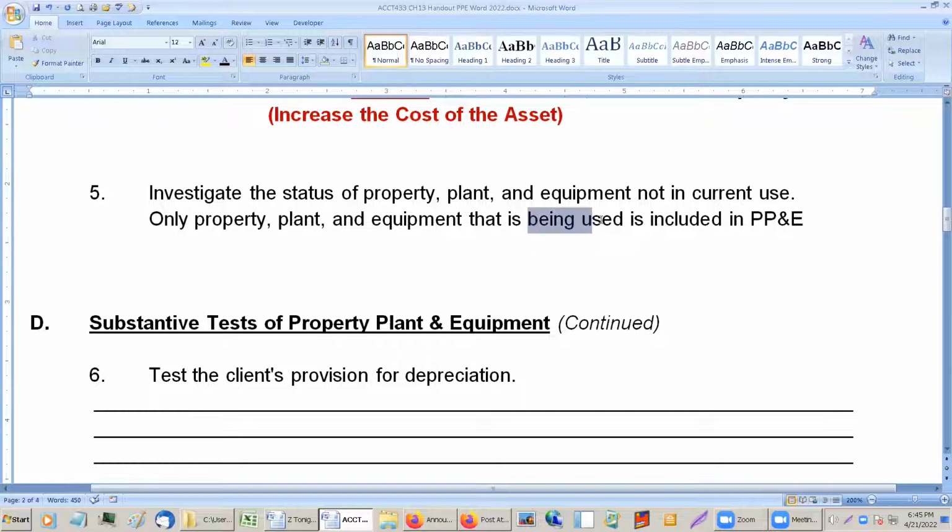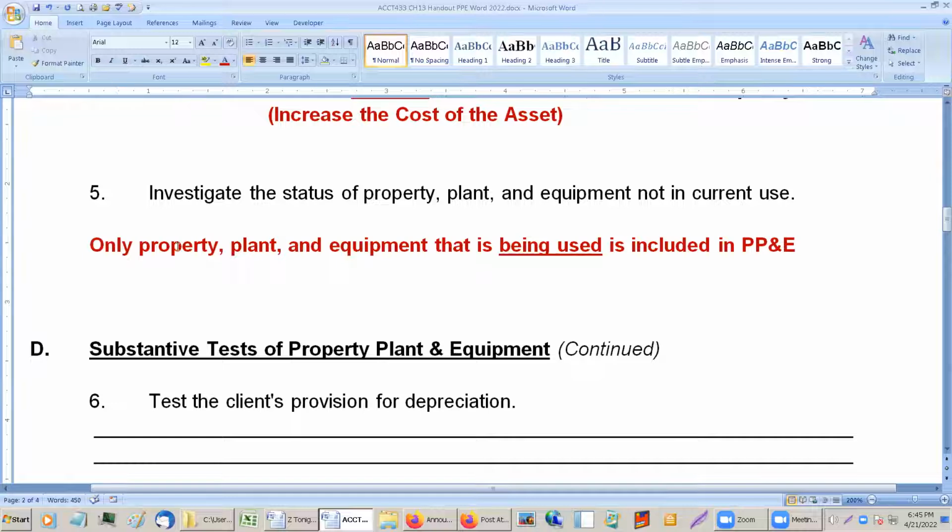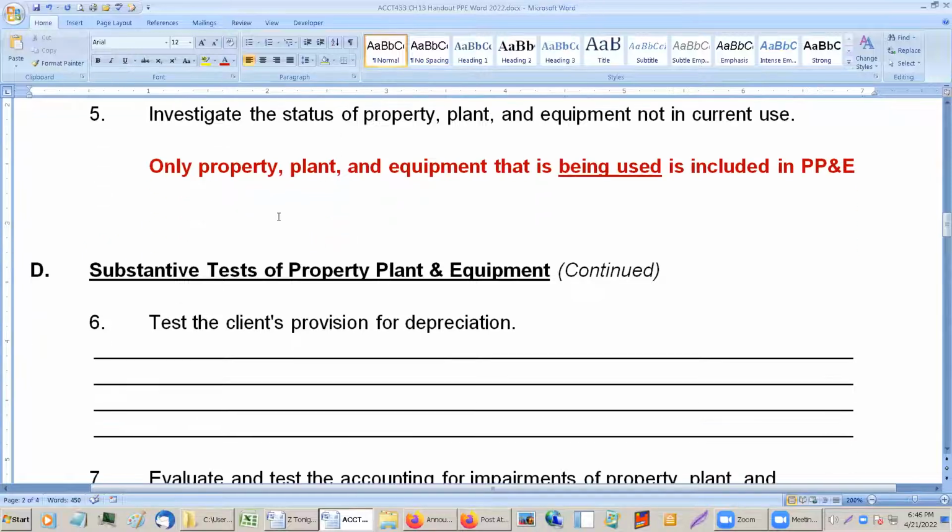So only that stuff that's being used is going to be included in property, plant, and equipment. So if you have property, plant, and equipment that is not being used, it could be not being used for any number of reasons.